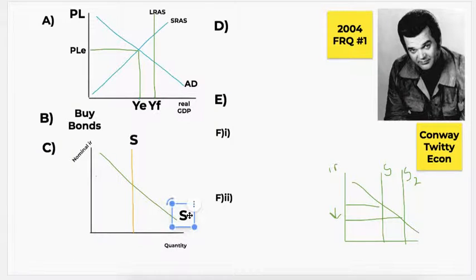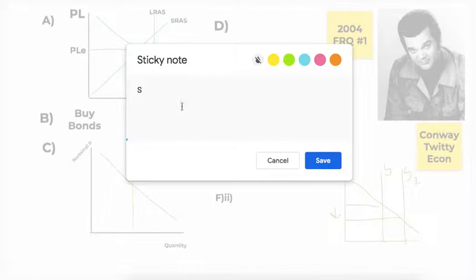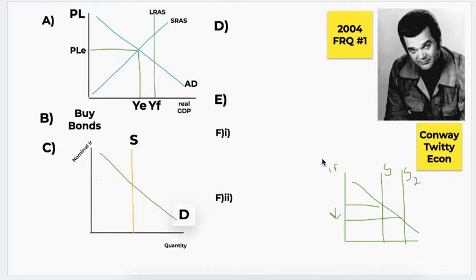Move that one down here. That one's demand. Okay, so the question says, using a correctly labeled graph of the money market, which is a correctly labeled graph right there, show how the open market operation you identified in part B affects interest rates in the short run. So we just need to do exactly what we just did.